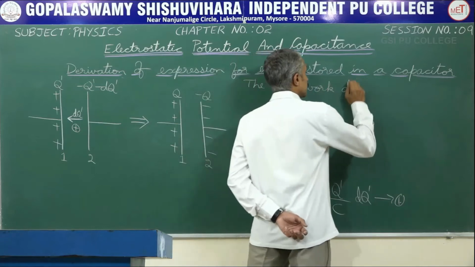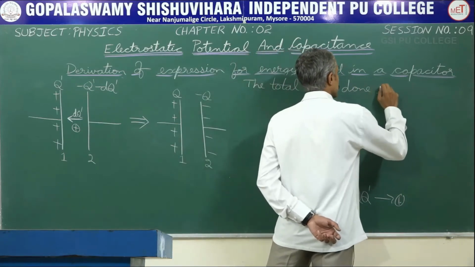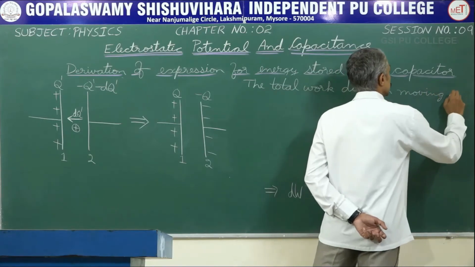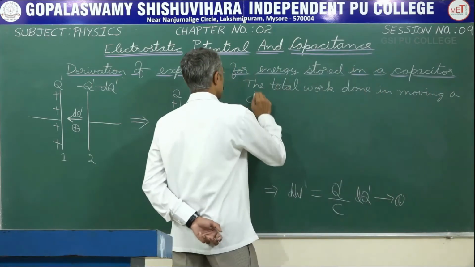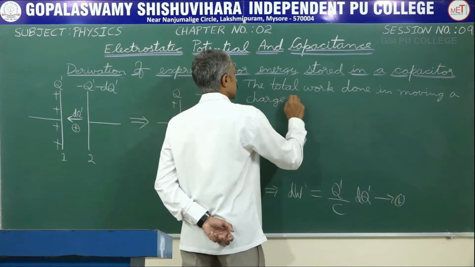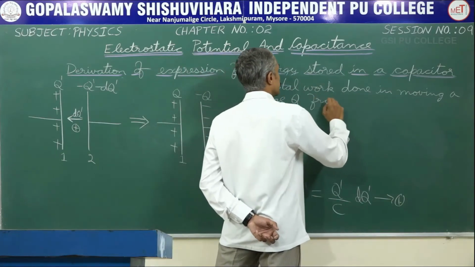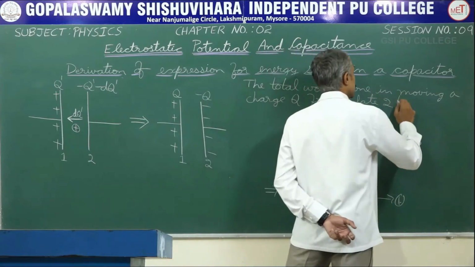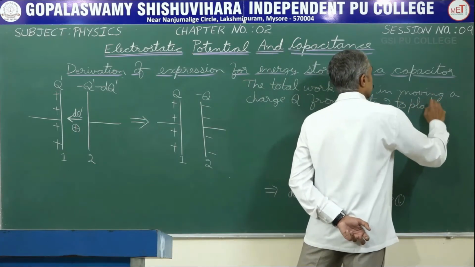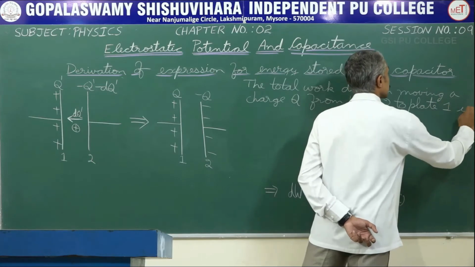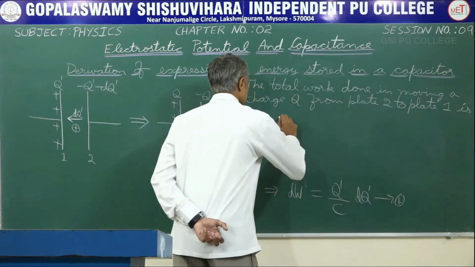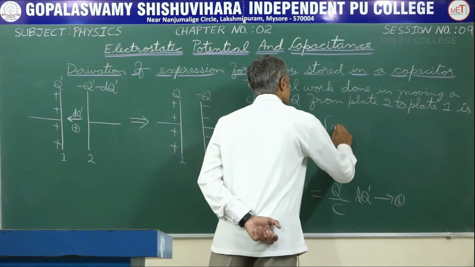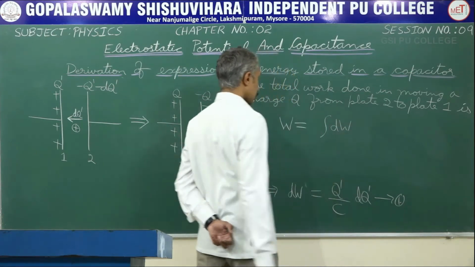The total work done in moving a charge Q from plate 2 to plate 1 is going to be the integral of all the small works done.